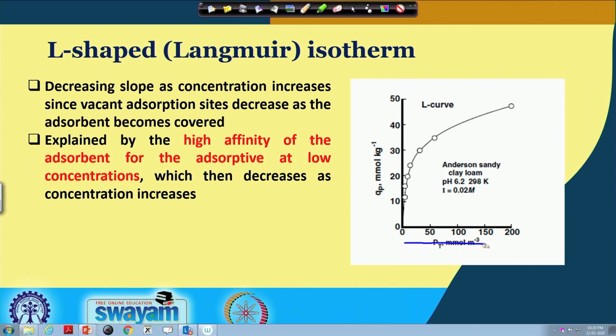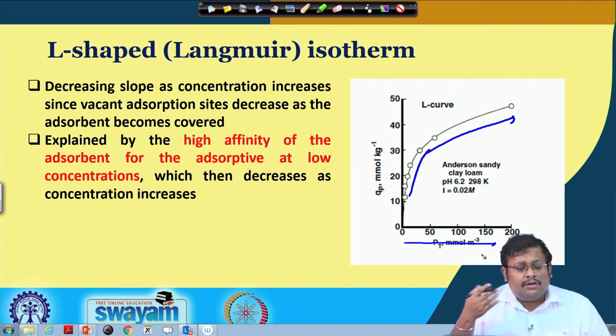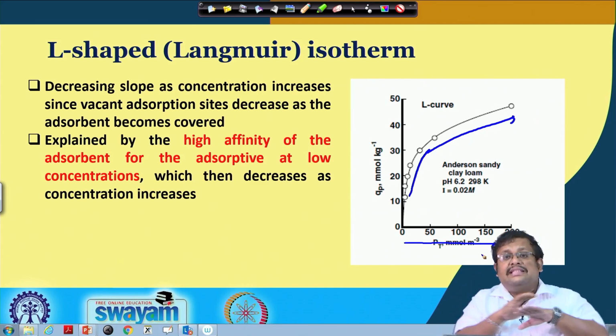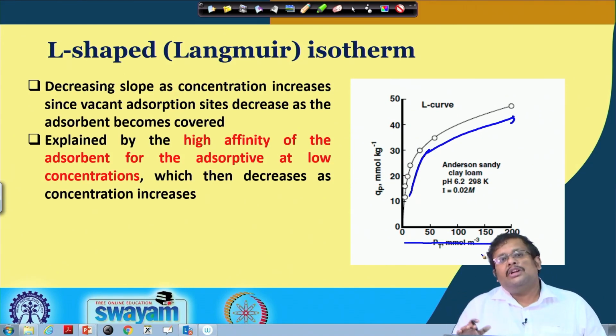As the concentration is increasing, the slope is decreasing. So, this decreasing slope as concentration increases shows that vacant adsorption sites decrease as the adsorbent becomes covered. This Langmuir adsorption isotherm is basically for monolayer adsorption.